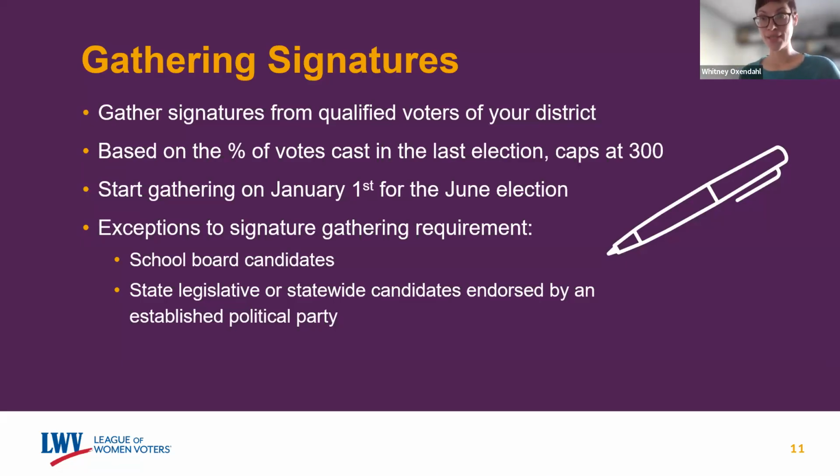All right, so gathering signatures. Many offices in North Dakota require you to gather signatures from qualified voters of your district. So that paperwork looks like the top section is info about you, your contact info, what office you're running for, and then the second pages, and you can print more of those, has lines for you to collect signatures from qualified voters of the area you're running in.